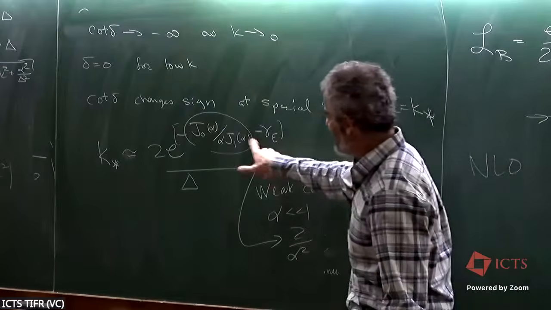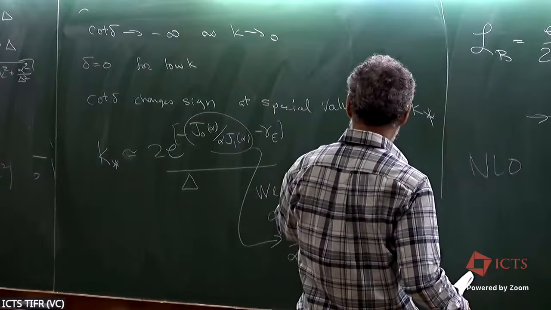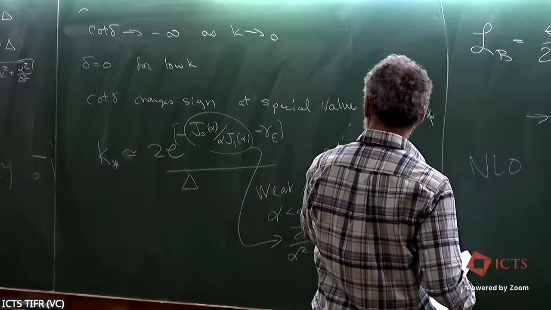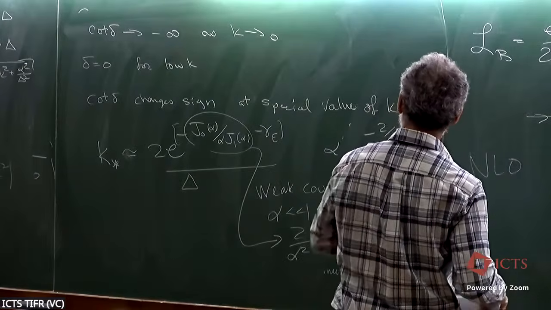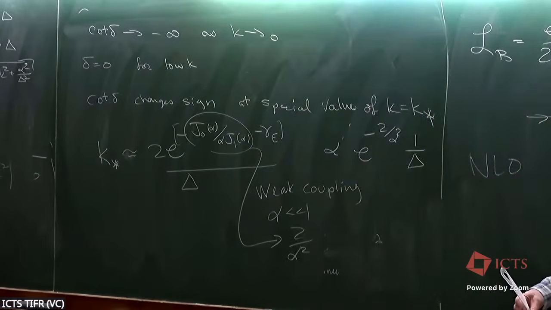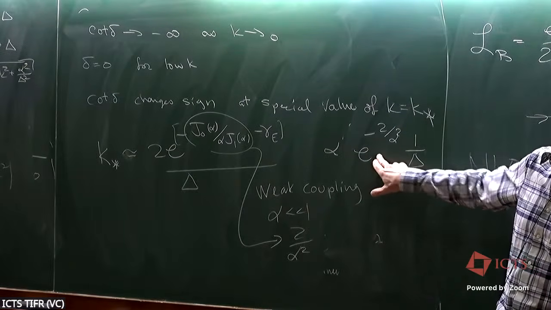So e to the minus the Euler constant, just some factor. So you find that this is proportional to e to the minus 2 over alpha squared, times 1 over delta, for weak coupling. So that tells you something interesting happens at an exponentially smaller scale than the natural scale.